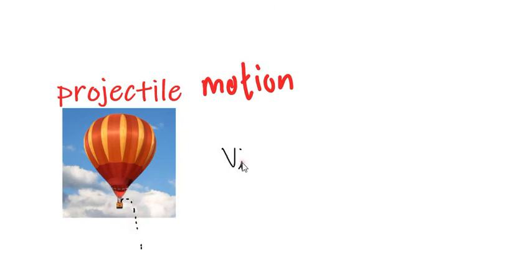The initial velocity of the ball is equal to the velocity of the hot air balloon. Simple. If you're dropping the ball in a hot air balloon, it's like you're throwing the ball, because you yourself and the hot air balloon already have the velocity. So if you're dropping it, it takes the velocity of you.